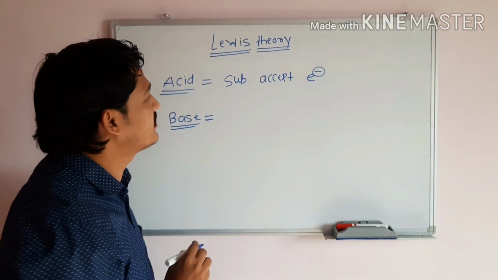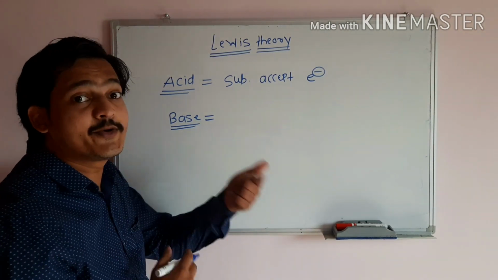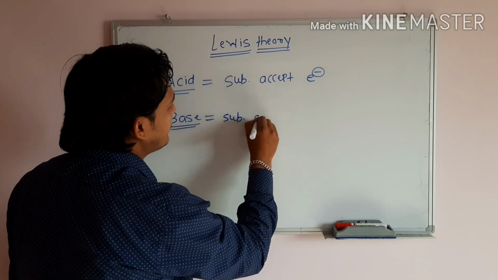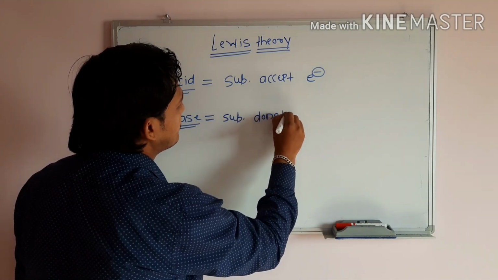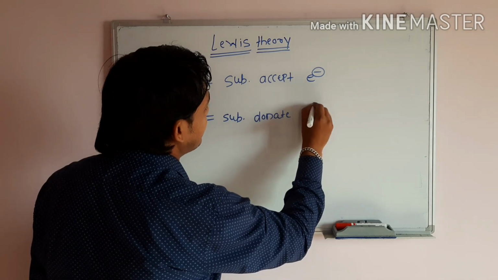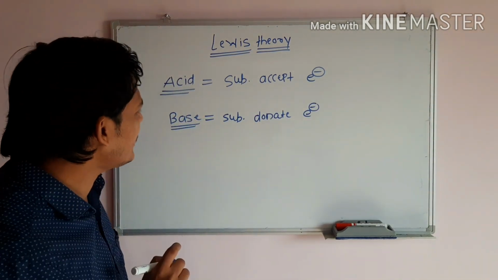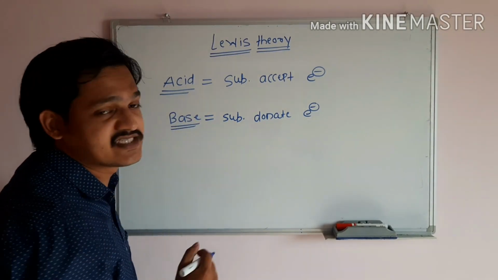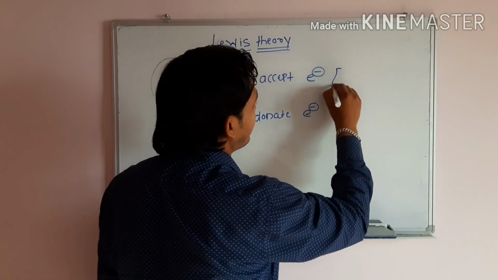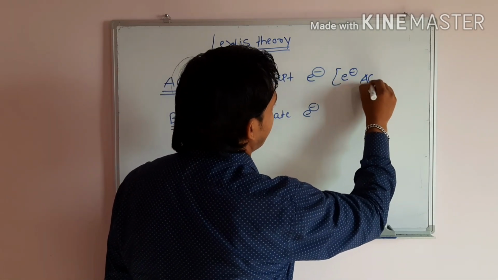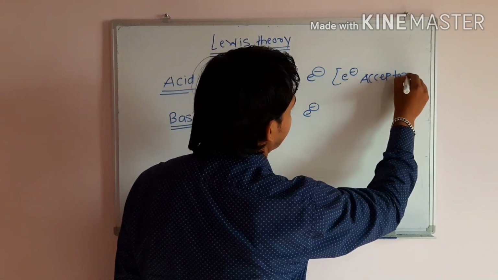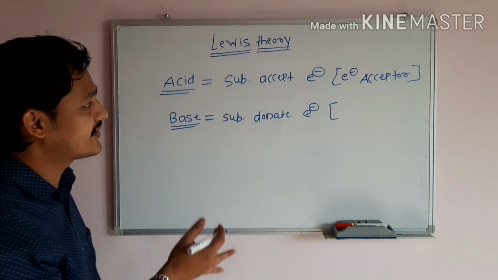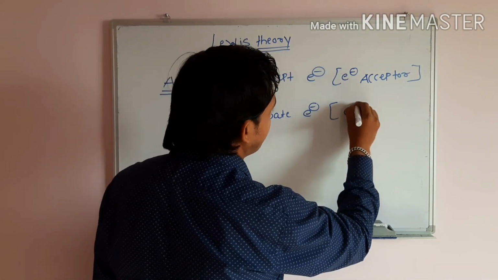The reverse of this: the substance which can donate electrons is called a base. So an acid is an electron acceptor, and the substance which can donate electrons is an electron donor.